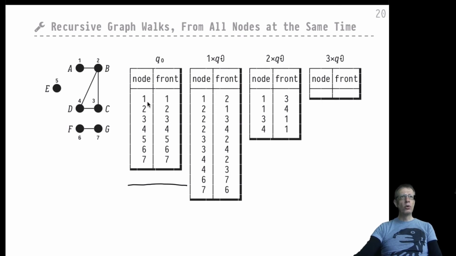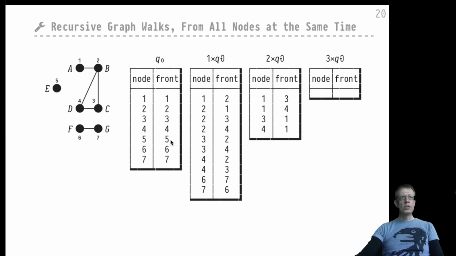Any node can indeed reach itself by performing a zero-step path. That's the seed of our recursion. And you can see that even the node E that can only reach itself is being recorded here, which is really important. We won't forget E here.